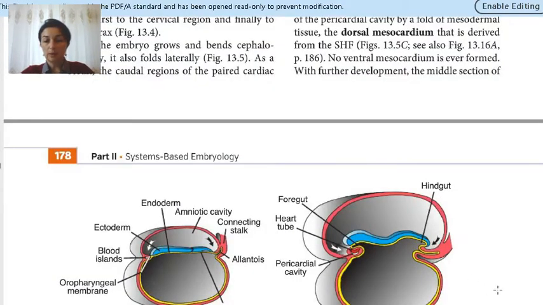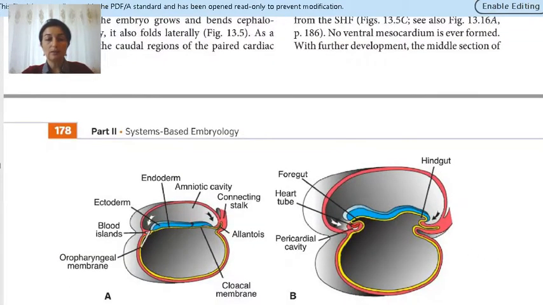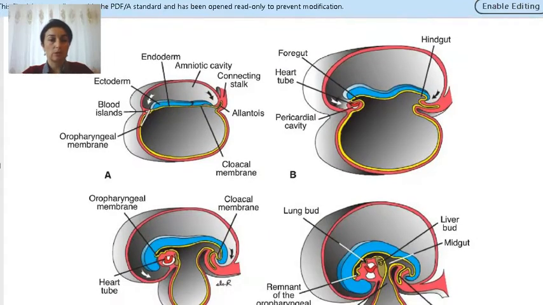And here we are looking at the folding of the embryo, which takes place in cephalocaudal orientation and in lateral orientation.